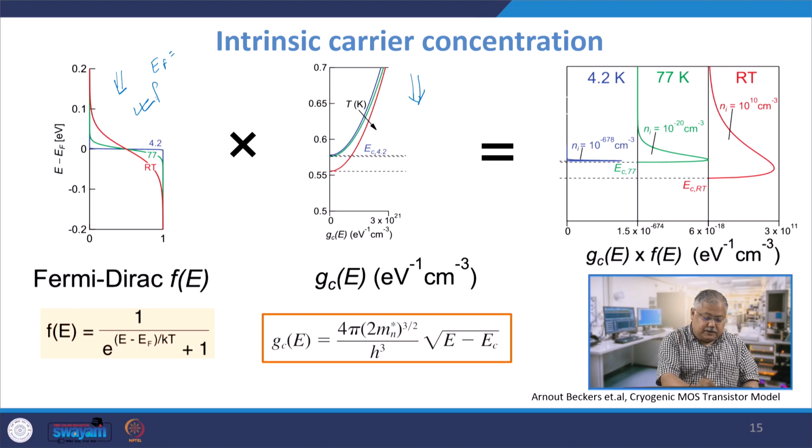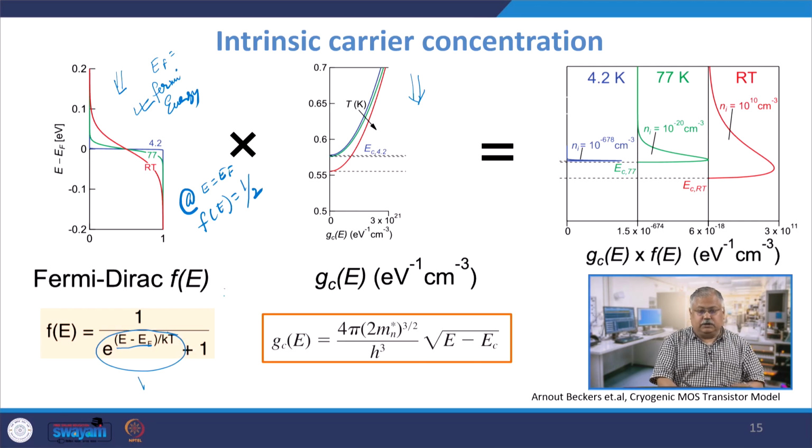Now, interestingly, if you look very carefully at E equals Ef, this is e to the power 0, and therefore f of E becomes 1 upon 1 plus 1, which is 1 by 2, which tells me that the probability of finding an electron exactly at the Fermi level is half.